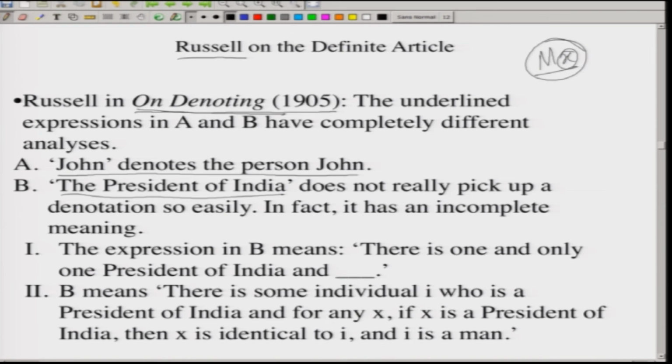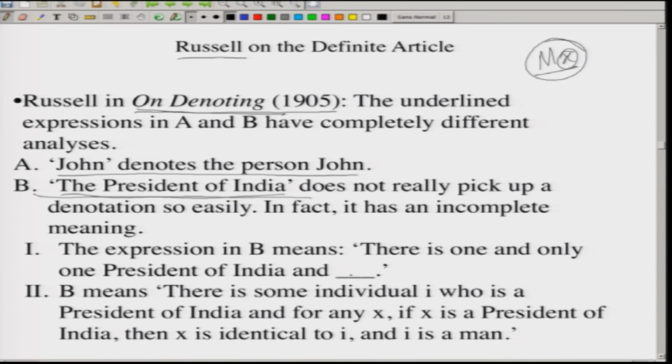We will see that. The expression in B, that is the President of India is a man, or just this expression, the President of India, means there is one and only one President of India and something whatever.